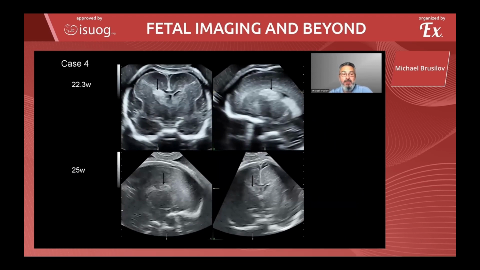And the last case, in 22 weeks, we saw bleeding in the germinal matrix and it resolved in 25 weeks without dilatation of lateral ventricles and without damage of the brain.